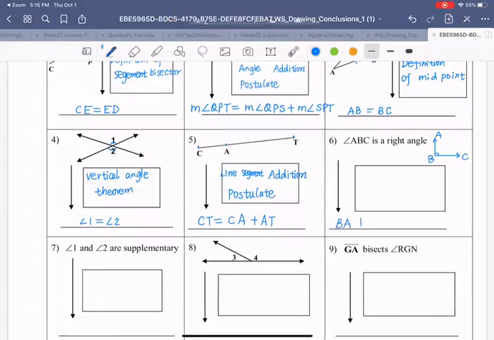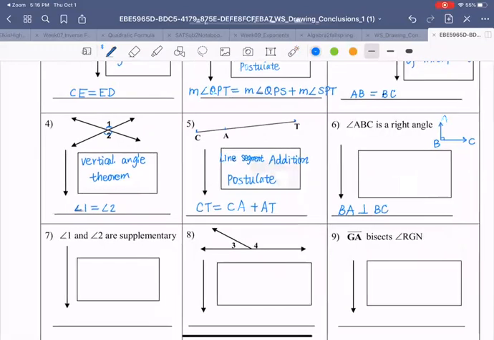So you can say this one is perpendicular to this one. That means it's 90 degrees, so this is called the right angle. That makes sense?